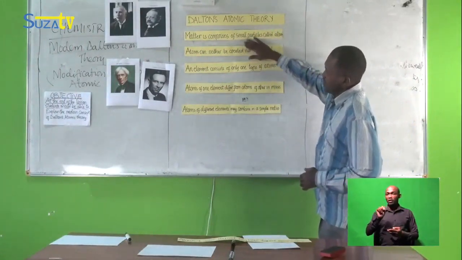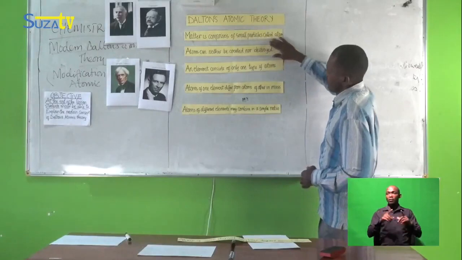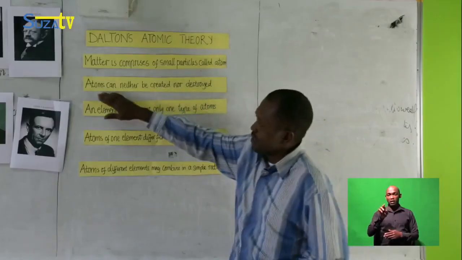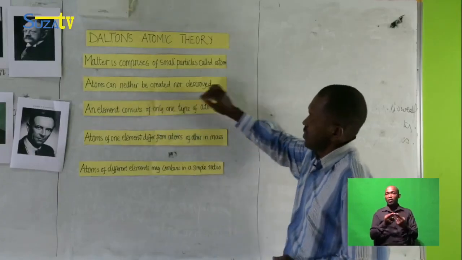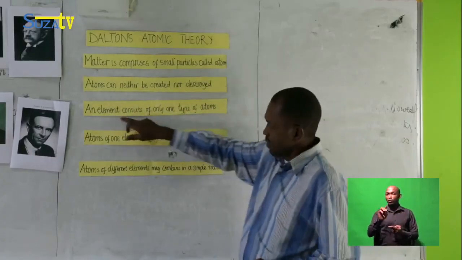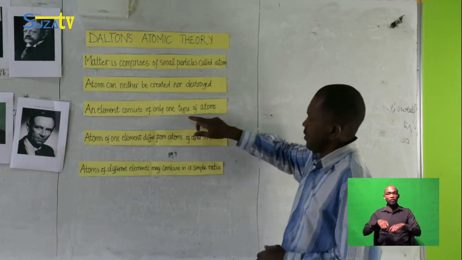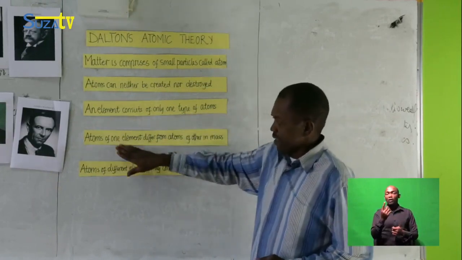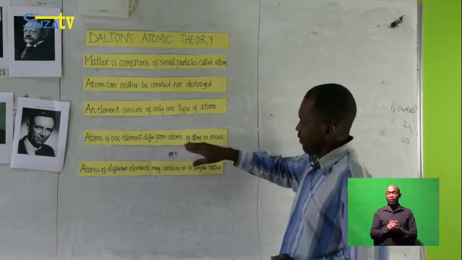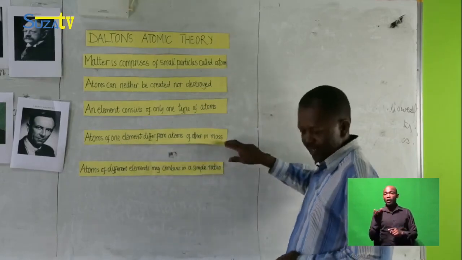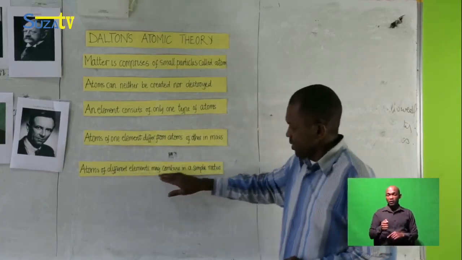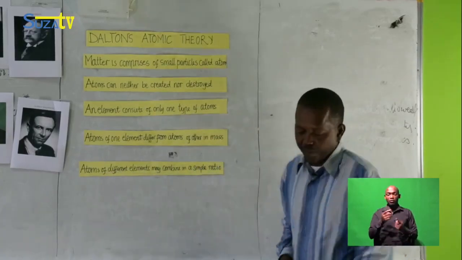The first one says matter is comprised of small particles called atoms. The second one says atoms can neither be created nor destroyed. The third one says an element consists of only one type of atom. The fourth says atoms of one element differ from atoms of another element in mass. This one says atoms of different elements may combine in a simple ratio.